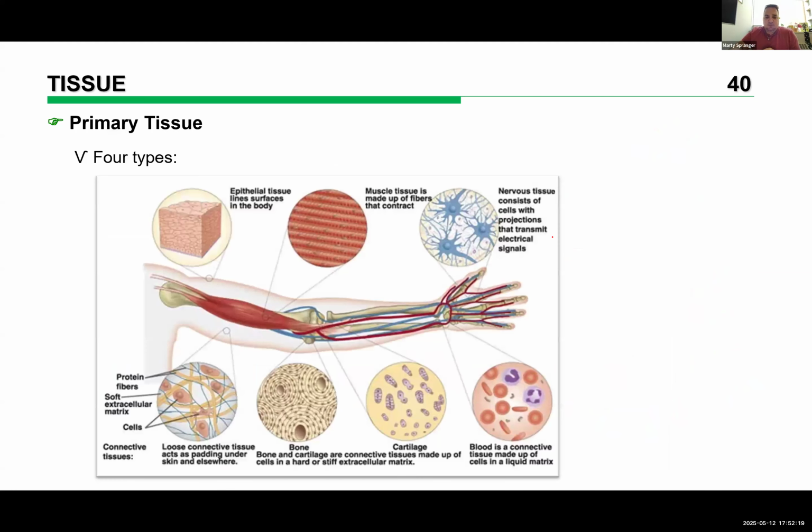So here are the four tissue types. This is a nice representative area of the human body, an arm. So where would we find these four tissue types? Where would you find epithelial tissue? Well, you'd find it in your skin. Where else? Anyone? Your intestines? No, but by looking at just the arm here.